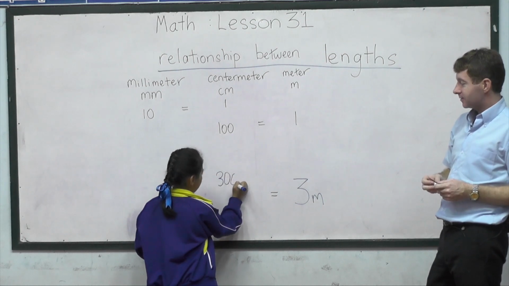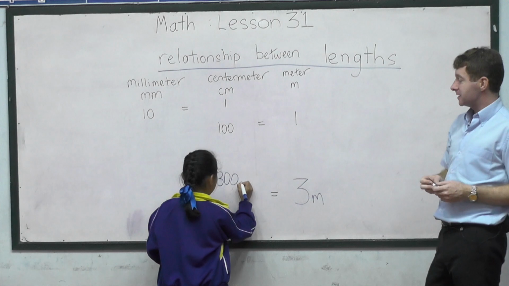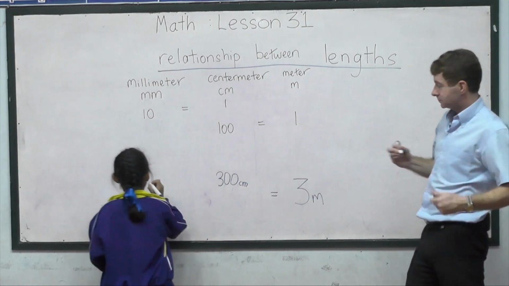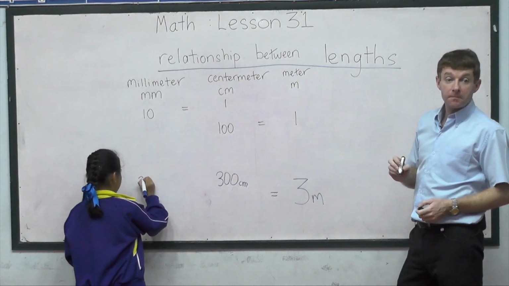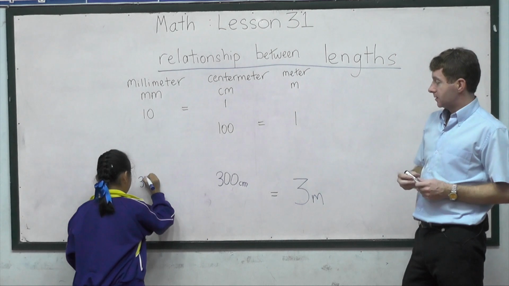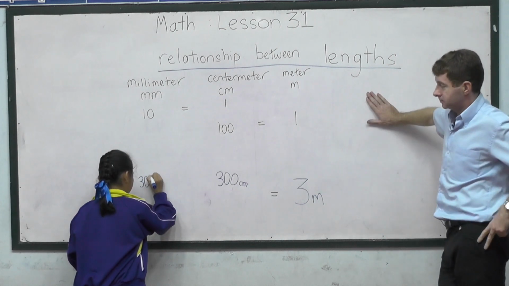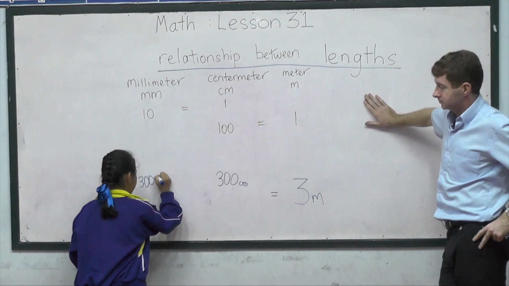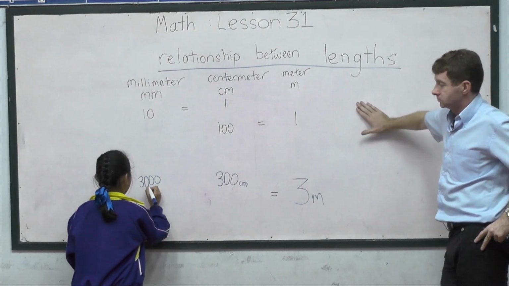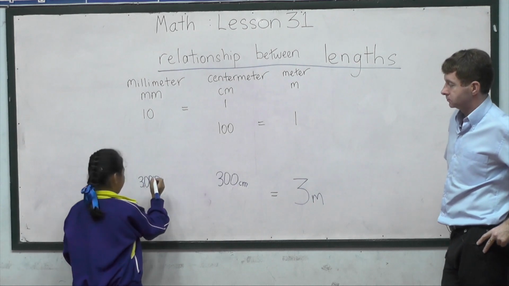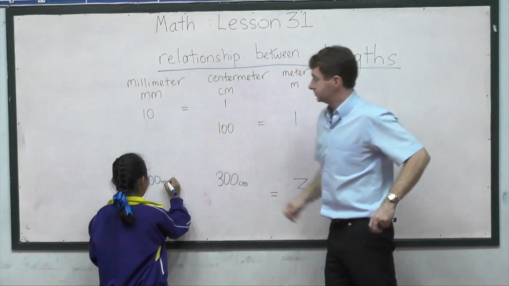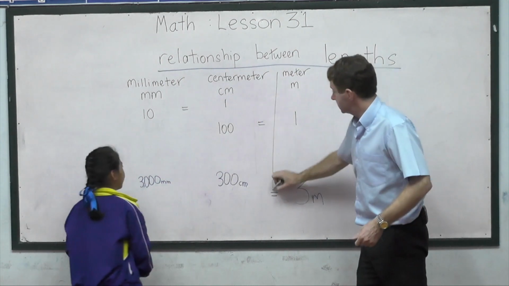300 centimeters. 3,000 millimeters. Equal 3,000 millimeters. You can see here, imagine there's 3 lines here.